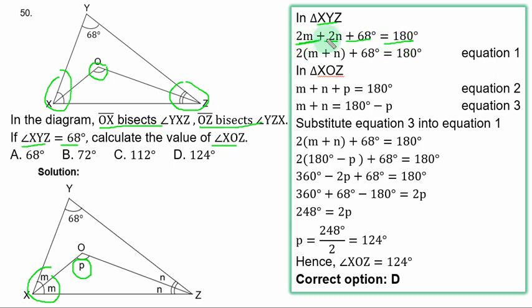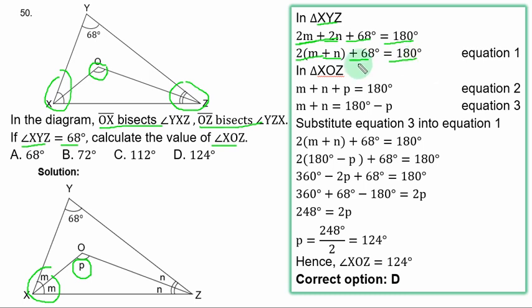From here, we can factor out 2, and you have 2 bracket M plus N bracket close, plus 68 degrees equal to 180 degrees. Let's call that equation 1.